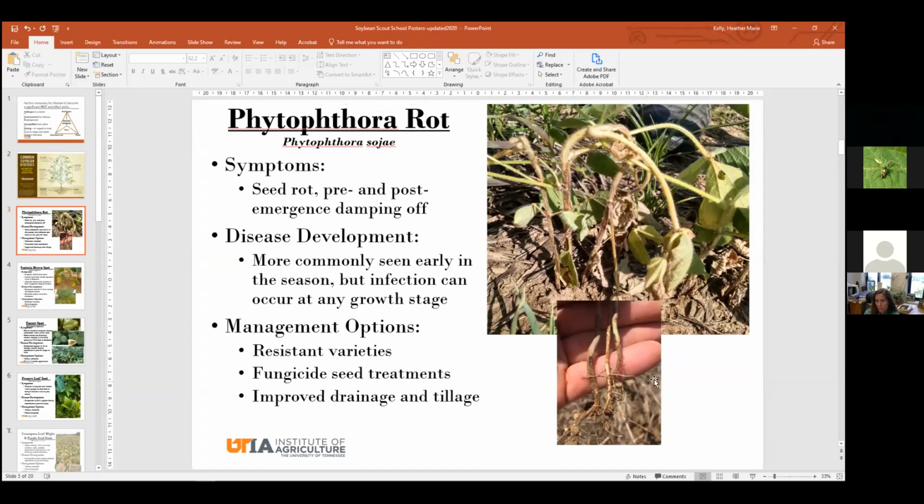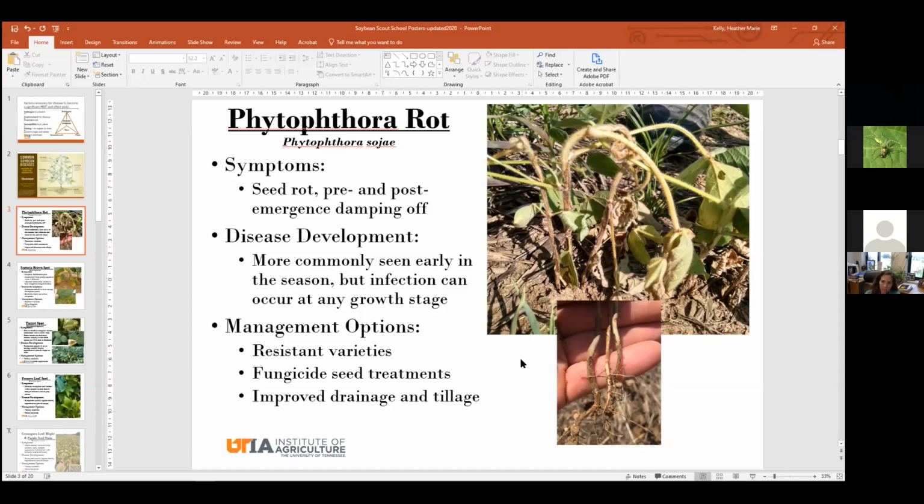While you do see Phytophthora more commonly early in the season, it can affect soybeans at any stage. You usually start to see little patches or even just individual plants starting to wilt and droop over. Then on closer examination, you'll see across the entire stem a dark brown to maybe even purple colored lesion that can extend down into the root system.